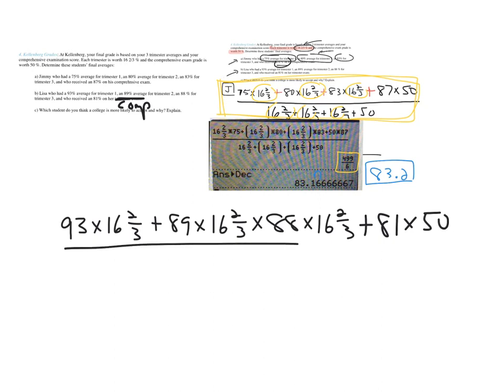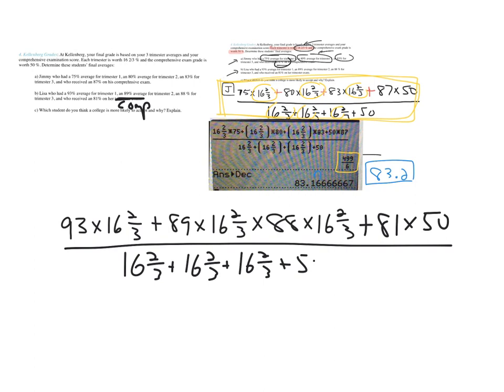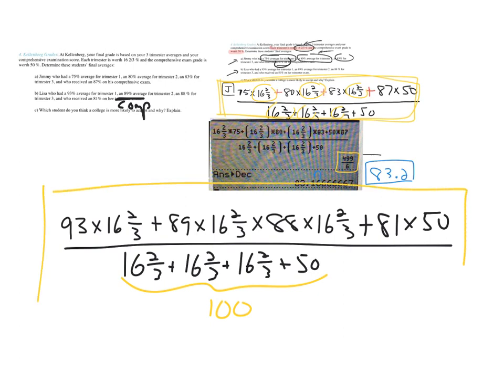We'll again divide that by the sum of the weights, 16 2/3, 16 2/3, 16 2/3, and 50. Or you can just simply remember that these all represent percentages and they're going to add up to 100. Either way, take a moment, enter this entire expression into your calculator to calculate Lisa's final average.